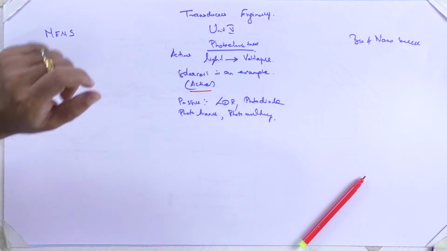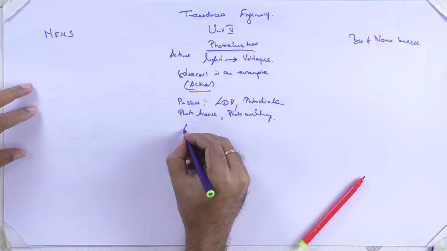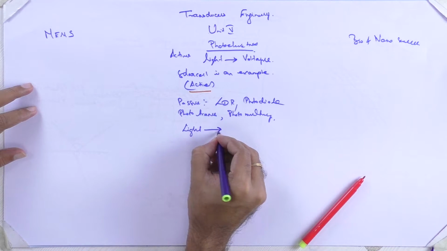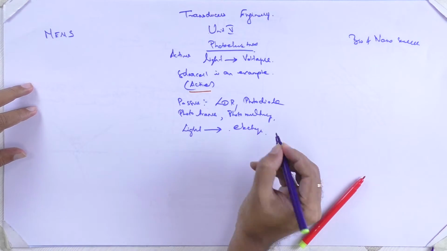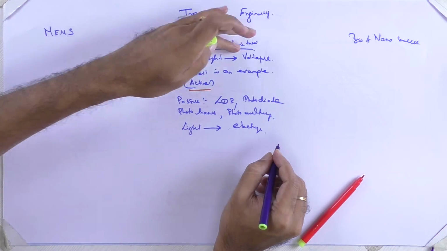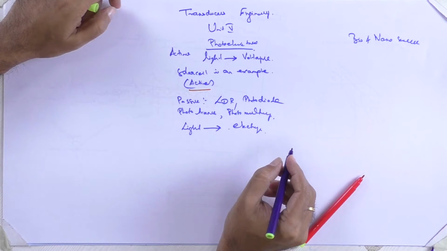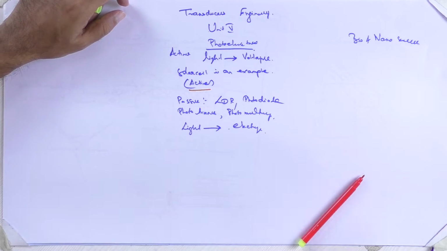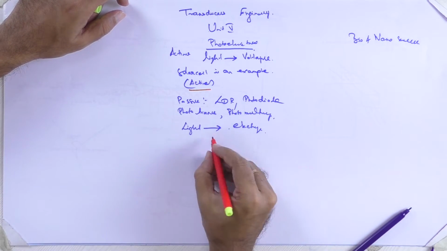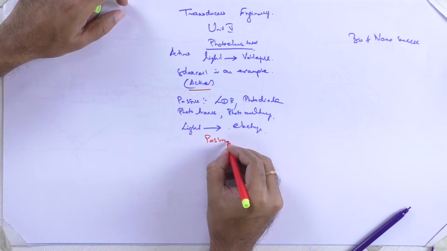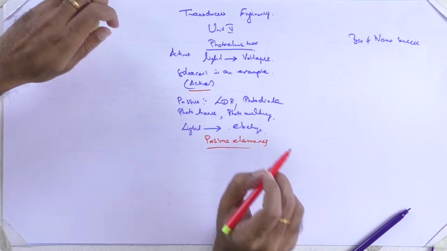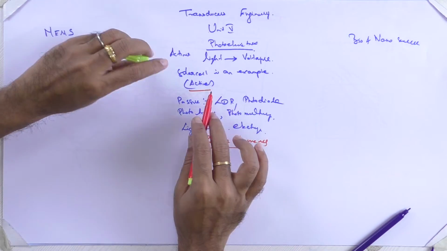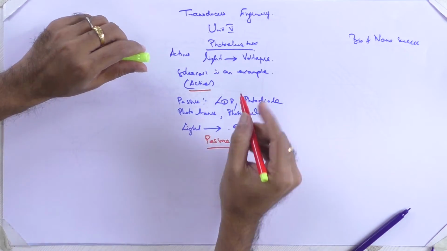All these things convert the incident light to electrical energy. So these are photoelectric transducers which convert light to electric energy, and these are passive elements. This needs an external source, but this is an active element which is a solar cell or a photovoltaic cell.